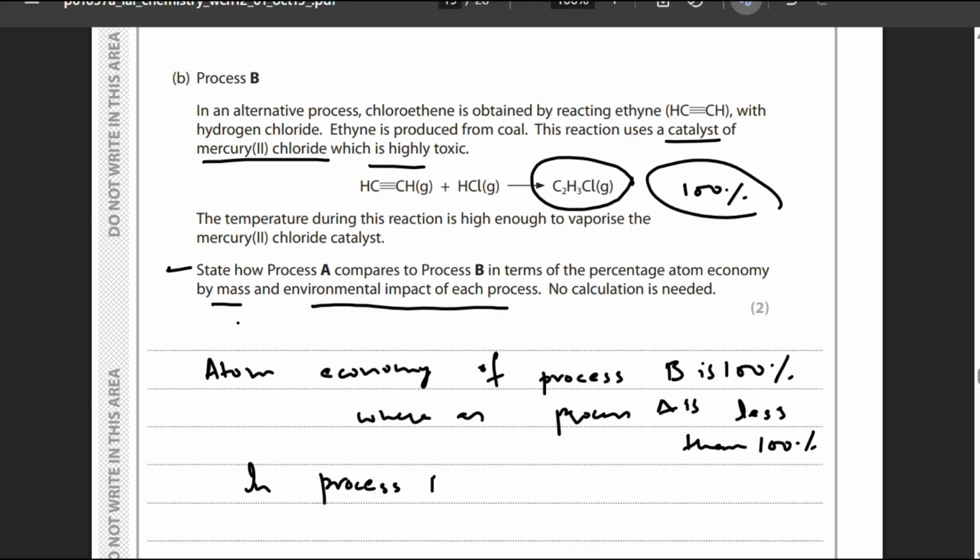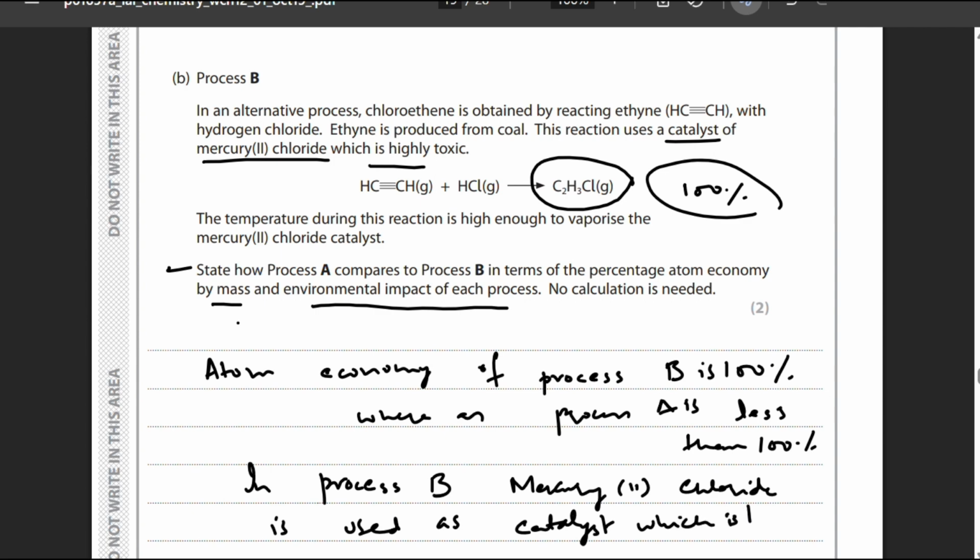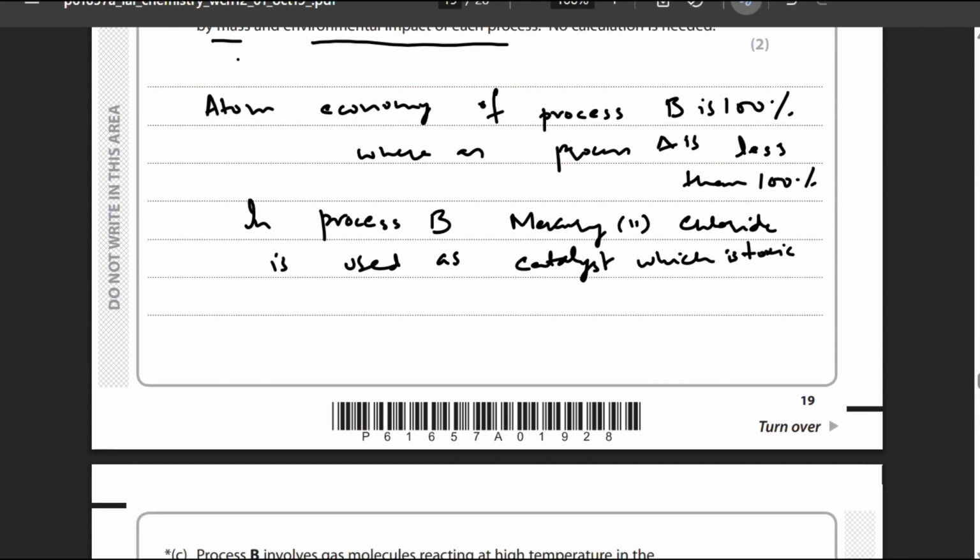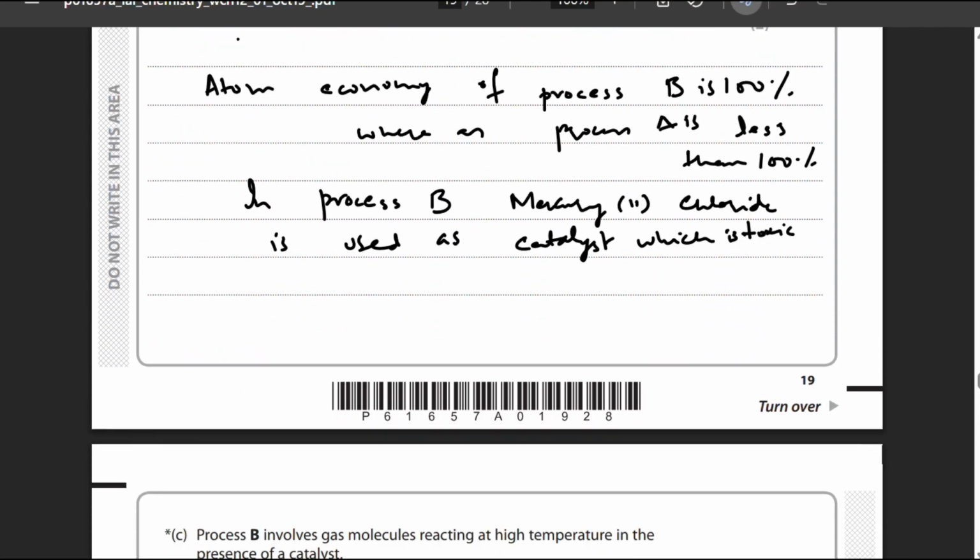In process B, mercury(II) chloride is used as a catalyst, which is toxic, or you can say highly toxic.